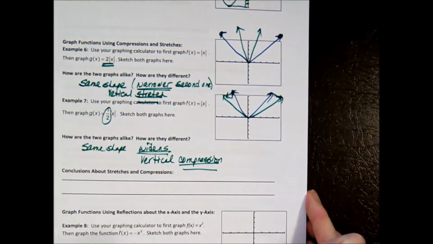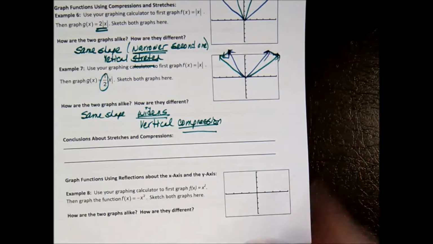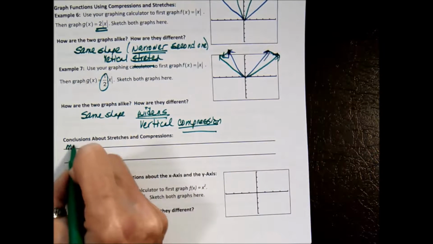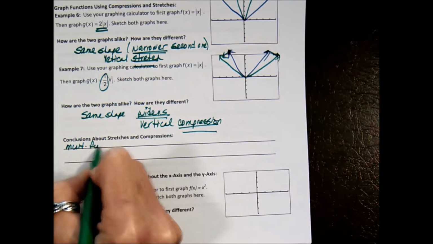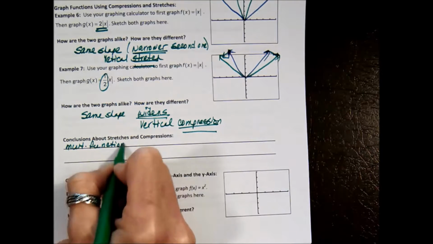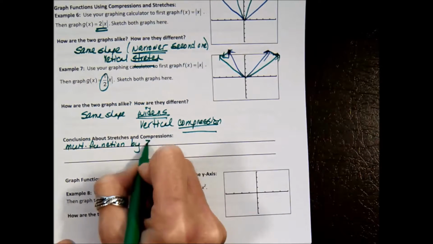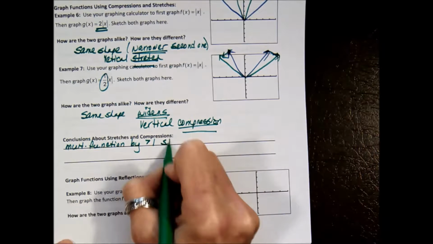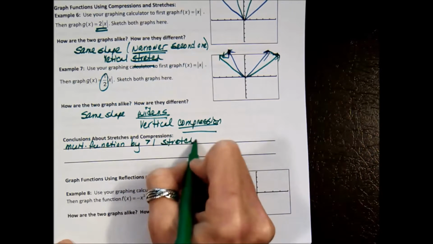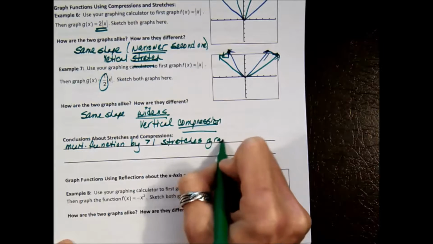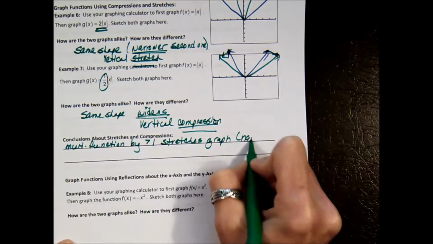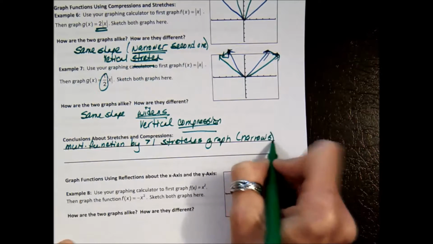Okay, so conclusions about stretches and compressions. Multiplying a function by a number greater than 1 stretches the graph, which narrows it because it's stretching up, so it narrows.